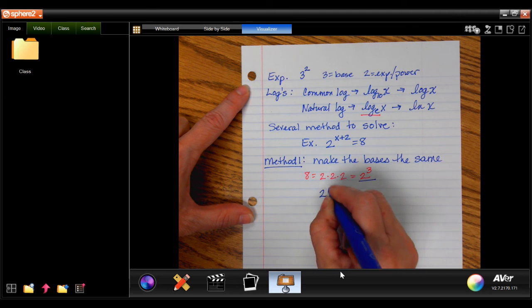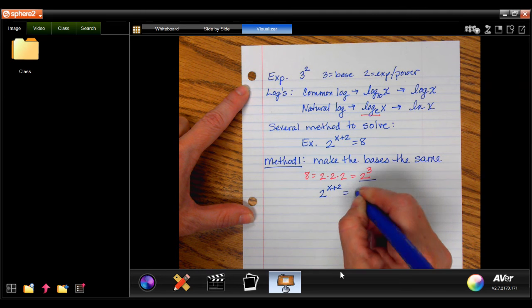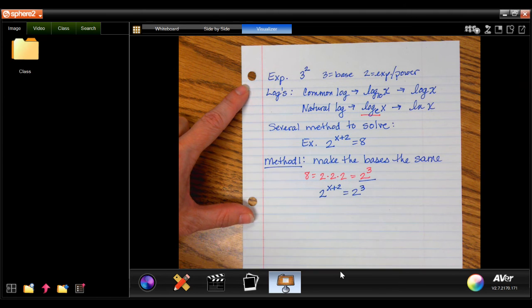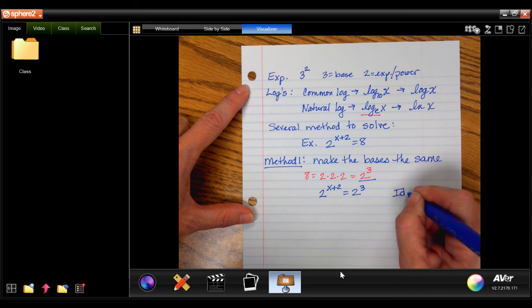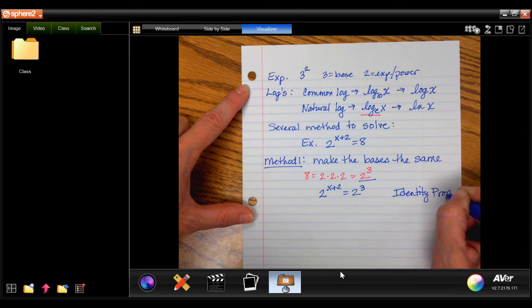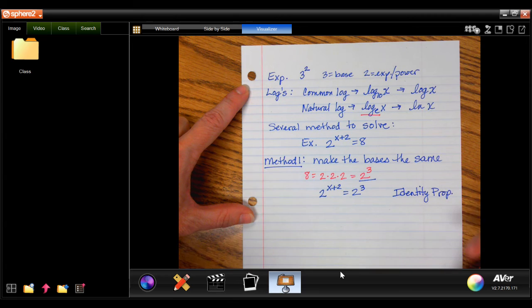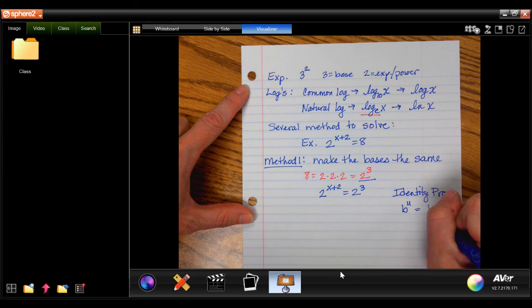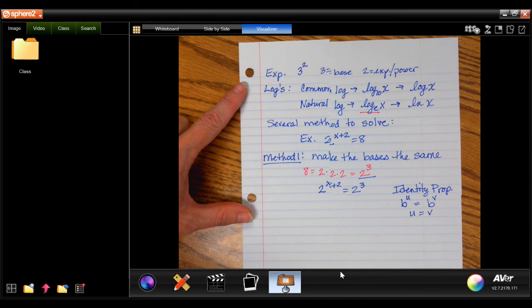And I would substitute 2 to the third where 8 is and solve. So I have 2 to the x plus 2 equals 2 to the third. Now we use this thing called identity property. Do you need to memorize this? No. But identity property says if I have a base to some exponent, let's say it's u, and it's equal to the same base to a different exponent, say v, but the bases are the same, then I can set the exponents equal to each other and the bases are gone.